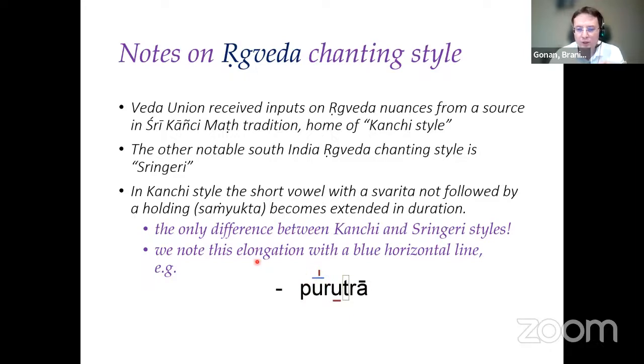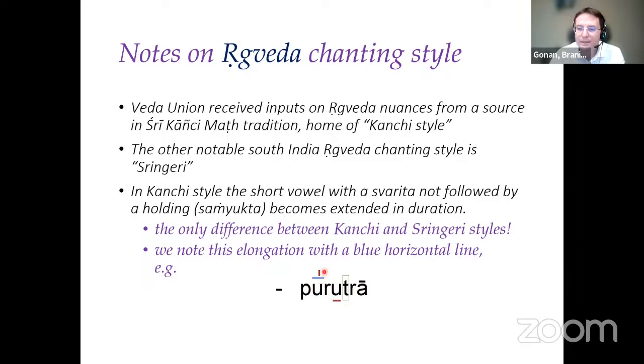And please, if you can just be a bit attentive here, it sounds a bit complicated, but actually it's not. So when we have the short vowel with a svarita, so hrasvam with svarita, with this upper note accent, not followed by a holding or samyukta akshara, it becomes extended in duration. So we don't have any holding here. Ru is not any samyukta akshara.